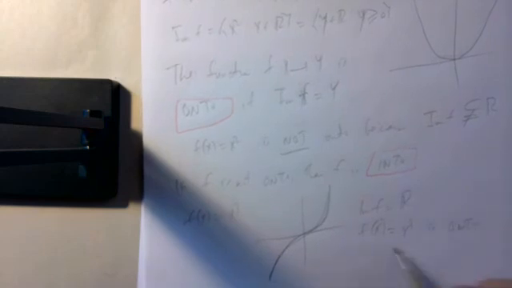If you take the function f of x equals x cubed, that's what the graph looks like. And for this function, the image of f is all of R. So f of x equals x cubed is onto.